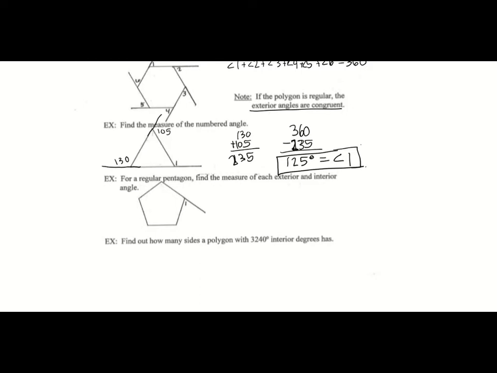Okay, for our next example, this says that we have a regular pentagon. That means all the sides are the same, so all of our angles are the same. Find the measure of each exterior and interior angle. So first we want to know how many degrees are inside. If we have 5 sides on our shape, we can plug in 5 to our interior angle formula.